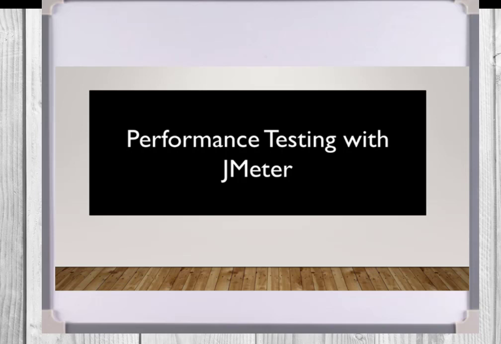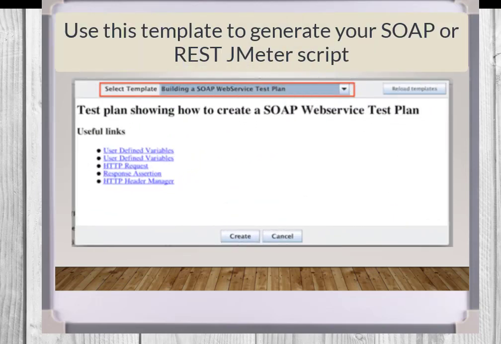I will proceed to describe how you can write a JMeter script for the GET and POST methods. You can do this for PUT and DELETE methods as well. Let us talk about the GET method first. Start with a JMeter template. In JMeter, for SOAP or REST requests, it is called Building a SOAP Web Service Test Plan.